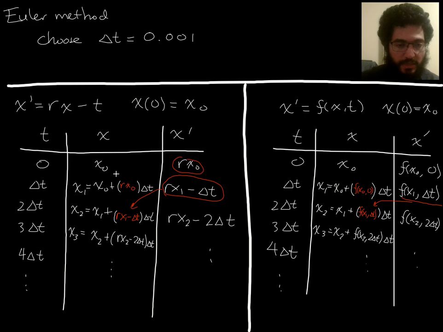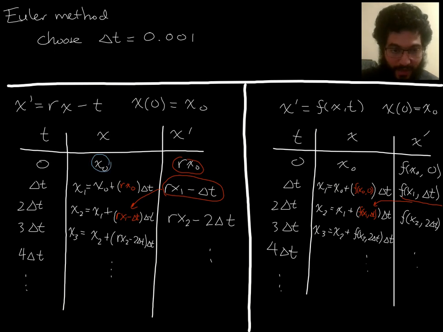One thing to notice is that when you're putting this into a computer, you actually have to put numbers in if you want it to fill out each row of information and have numbers each time. So having r be unknown is not going to work, and having x naught be unknown is not going to work. x naught would have to be a specific number, r would have to be a specific number, and then you can do this.